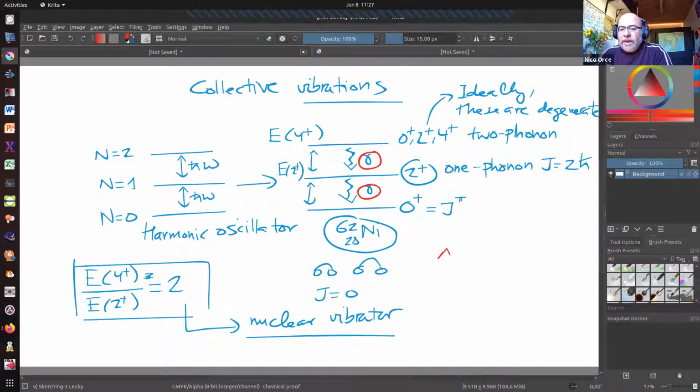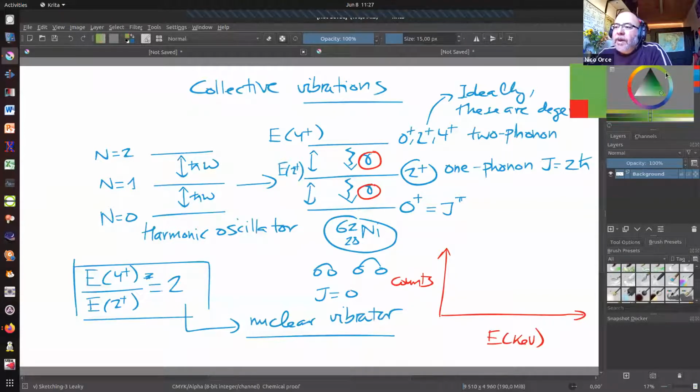So in a typical spectrum, here we have counts, and here you have the energy calibrated in, let's say, keV. So we will have a typical spectrum which would look like this. The energy of the peak from the 2 plus to the 0 plus will come here, right?